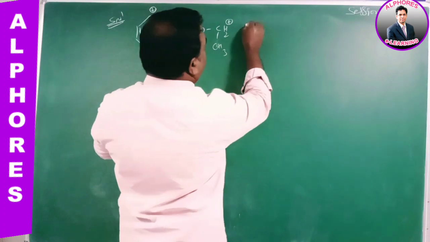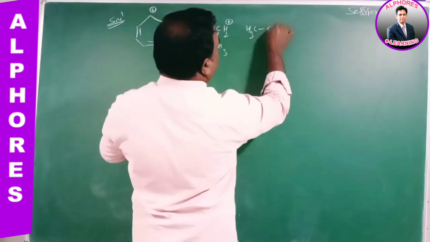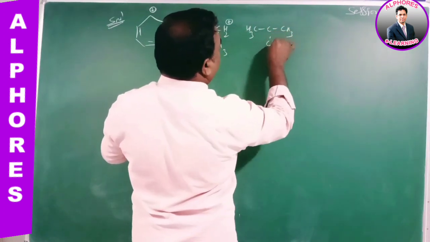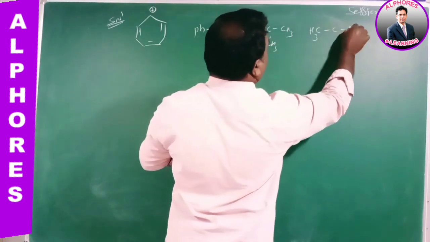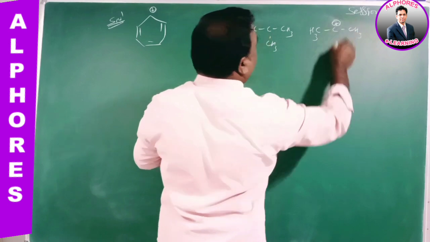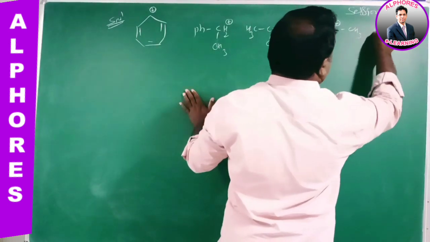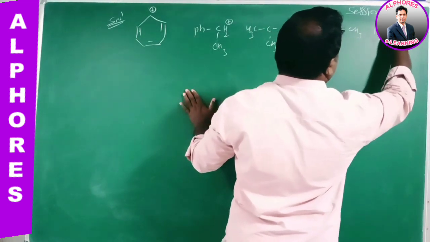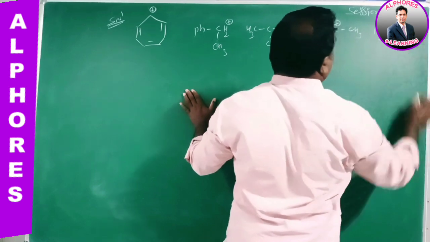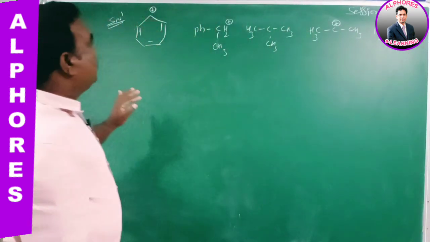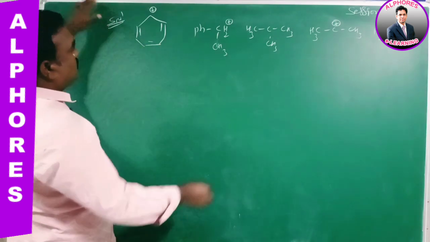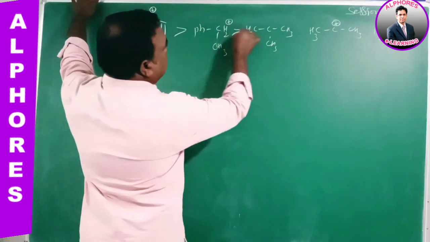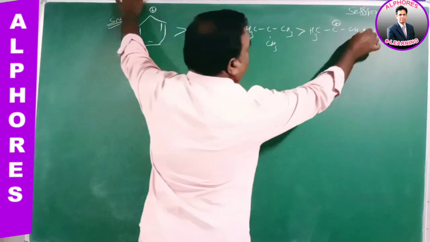CH3 group is given. Here a tertiary carbocation is given. Here a secondary carbocation is given. Here a primary carbocation is given. Here a normal carbocation without conjugation. So the tropylium carbocation is more stable when compared to these. Due to that reason, the reactivity order is like this.